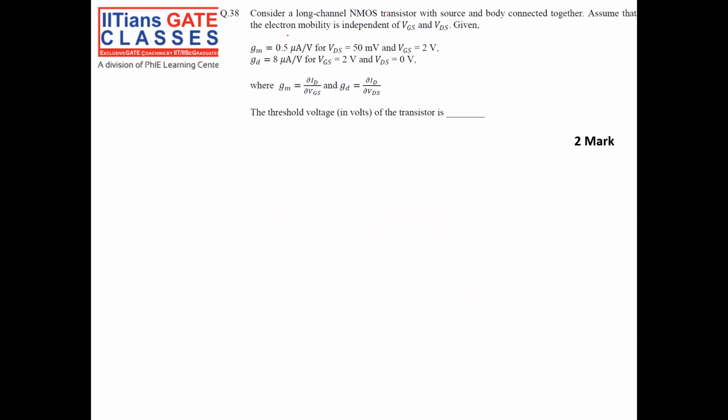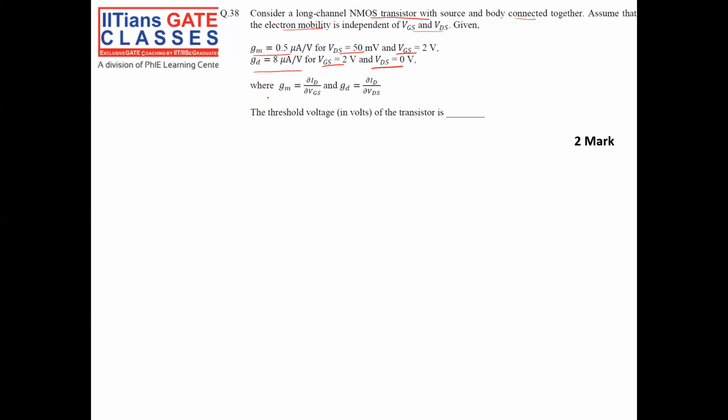Consider a long channel NMOS transistor with source and body connected together. Assume that the mobility of electron is independent of VGS and VDS. Given that GM is this for VDS equal to 50 millivolt and VGS equal to 2 volt, and GD is equal to 8 microampere per volt for VGS equal to 2 volt and VDS equal to 0 volt.